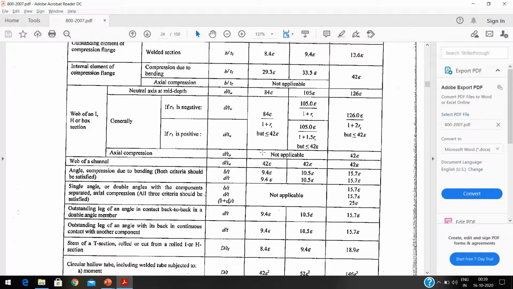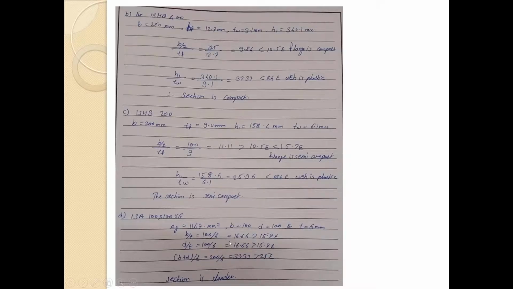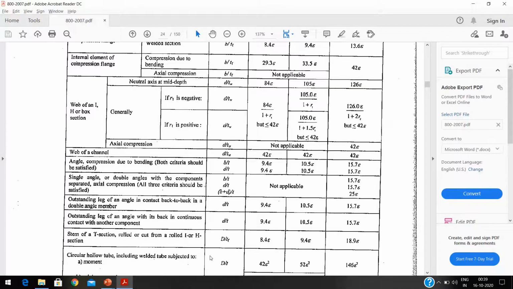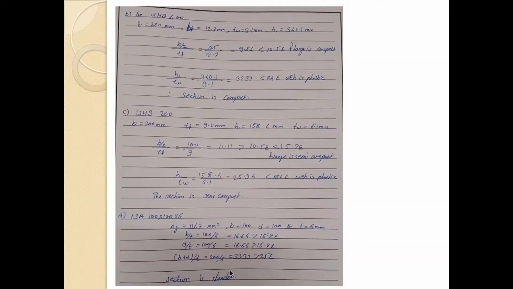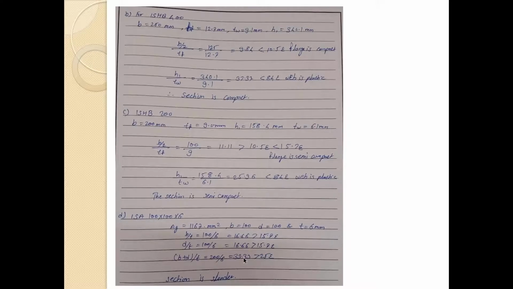So in the case of angles, you can see both the ratios are greater than this 15.7, and the third condition is B plus D divided by T, which is 33.33, greater than 25 epsilon. So obviously the section is slender.